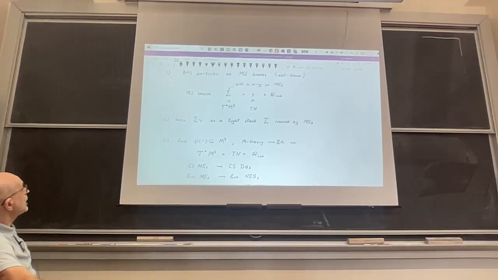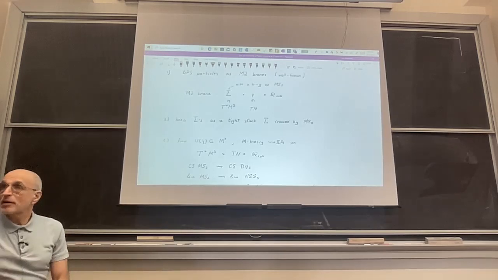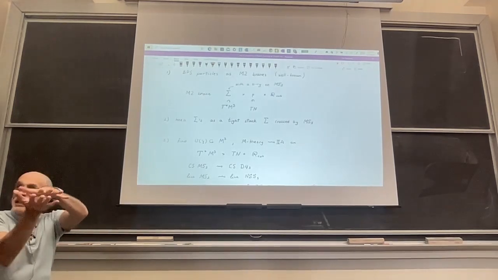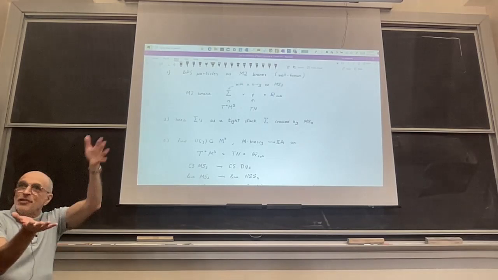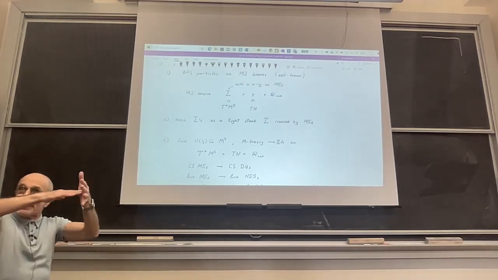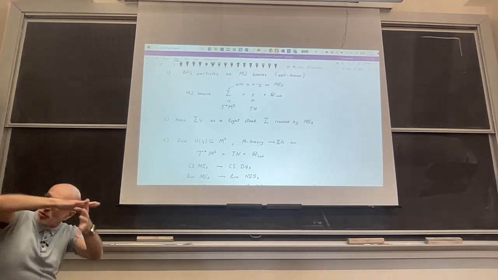Now here we start to deviate a little bit from the standard approach. So what would be crossed by M5s? You will see an example, because you have many pancakes in a stack. This stack is intersected by M5 branes, and some pancakes end, and some go through.